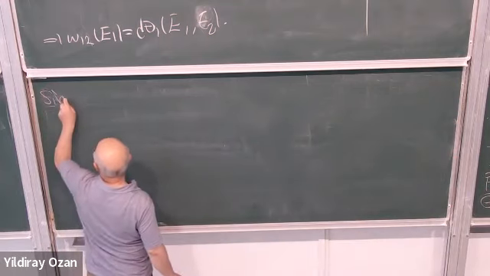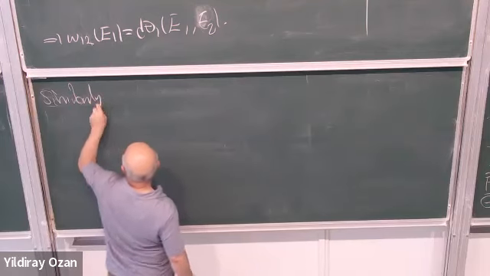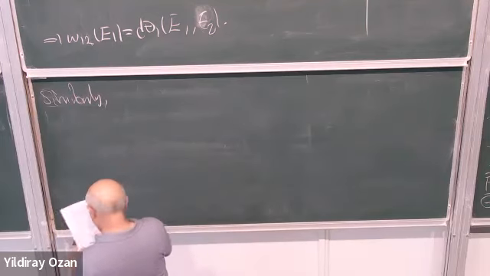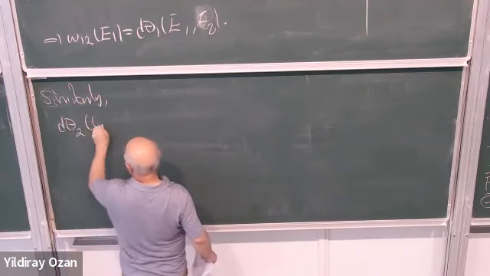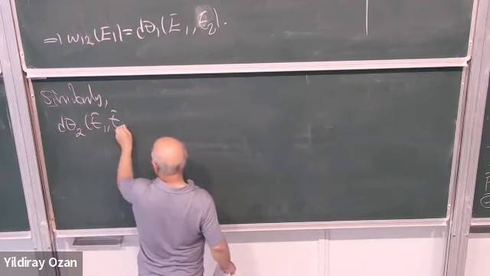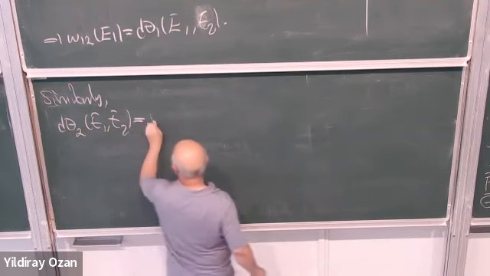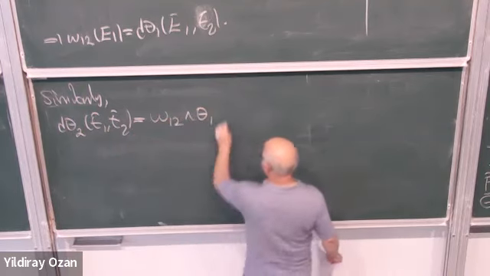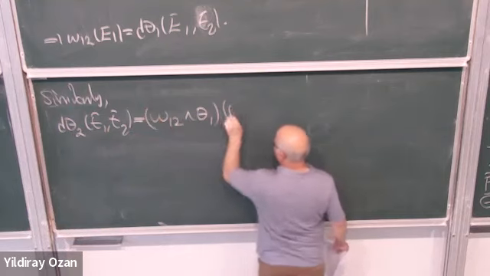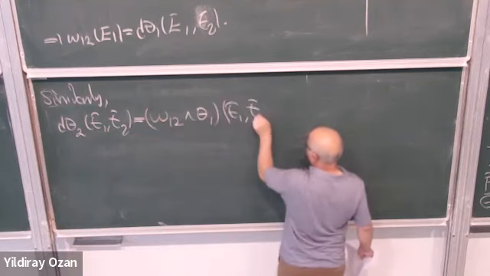Similarly, we take dθ2 of E1, E2, which is just W21 wedge θ1 computed on E1, E2.